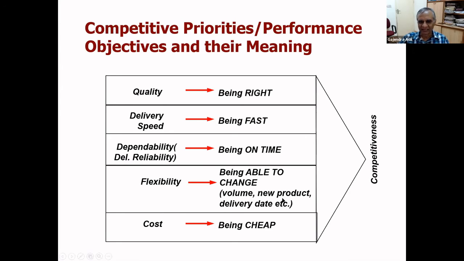And delivery date, can I change it based on the customer's need? Then it's again flexibility. The range of products I offer is also flexibility. I can offer multiple products. A specialized hospital is less flexible than a general hospital, which can treat a large number of different kinds of ailments. So that's more flexible, in that sense.